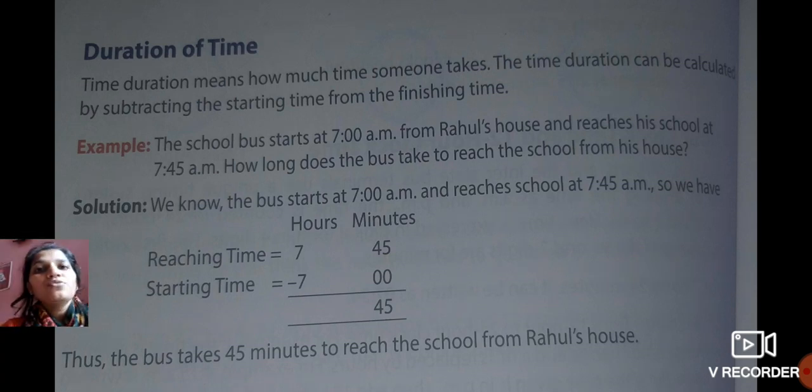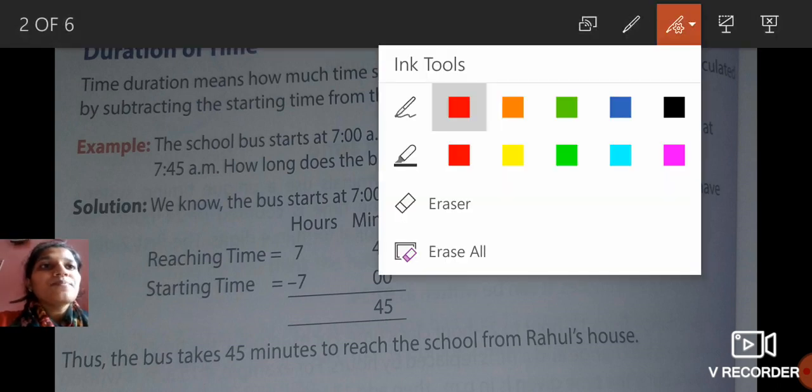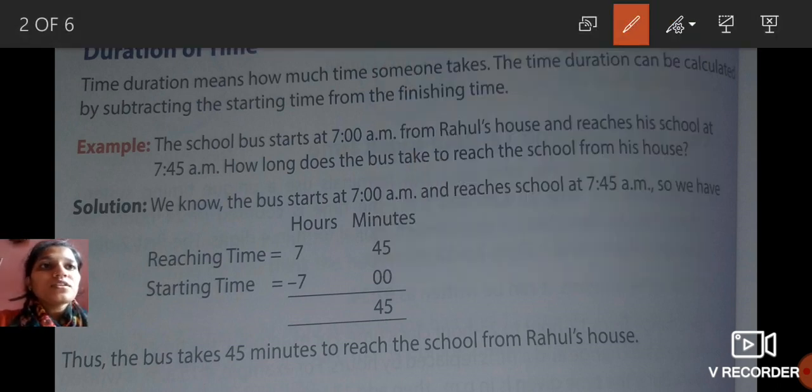So students, now how to find the duration, that we can see here. We have to subtract the starting time from finishing time. Here we can see that the school bus starts at 7 a.m. from Rahul's house and it reaches at 7:45 a.m. So there is a reaching time and starting time.